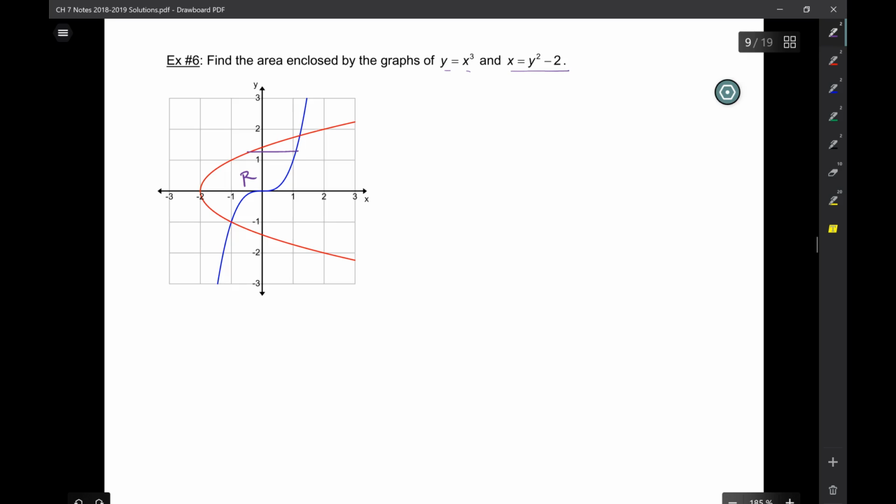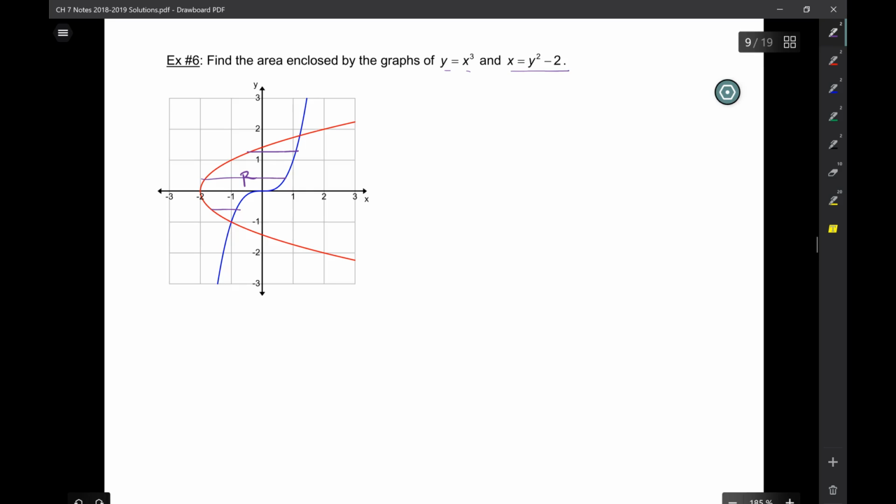Then blue and red, blue and red, blue and red the whole time. So I could get away with one integral. That's the better one to choose. So this means we're going to integrate with respect to y.